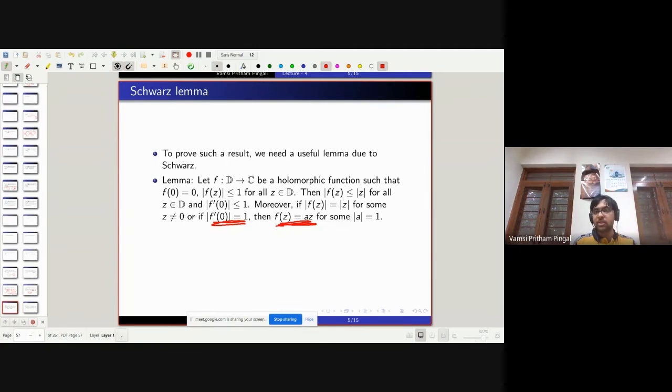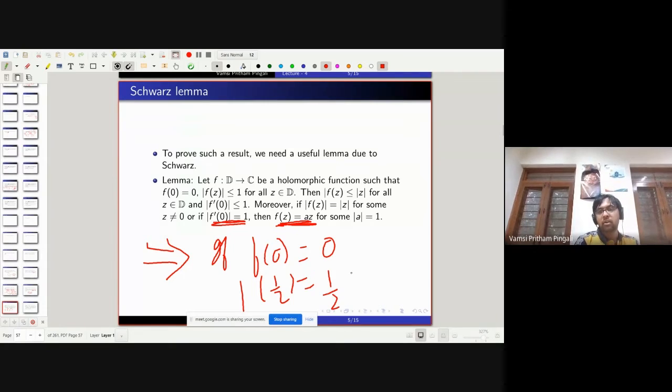the Schwarz lemma is saying something very strong. It implies, for example, that if f of 0 is 0, and let's say f of half is half, then f of z is z. It's the identity map. So if it's fixing 2 points, it has already become the identity.